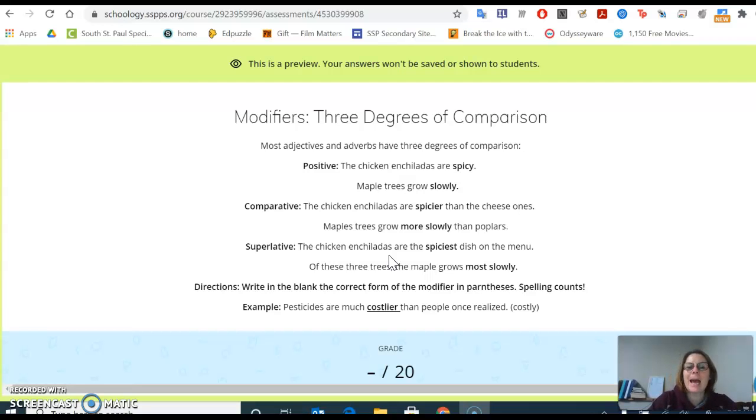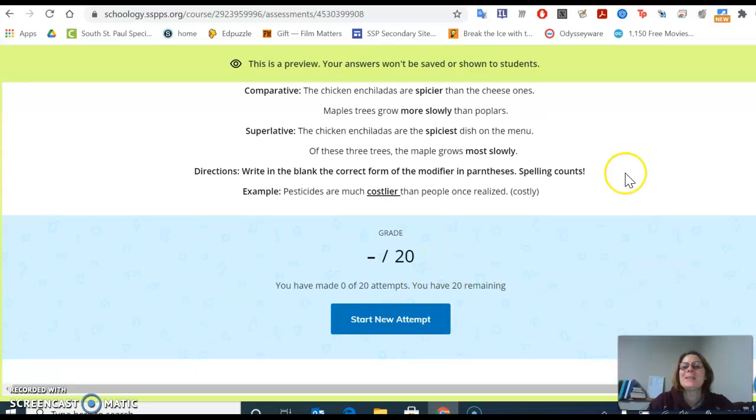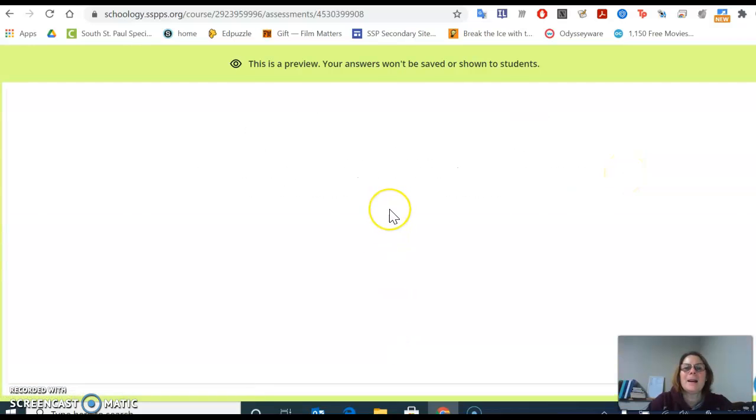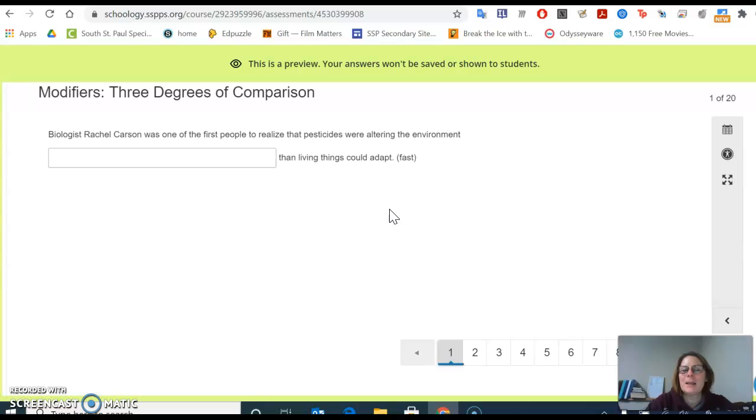Your task is to write the correct form of the modifier in the parentheses, and spelling counts, as we see parentheses misspelled. So if we go into our attempt, our first question, notice how we've got fast in parentheses here.